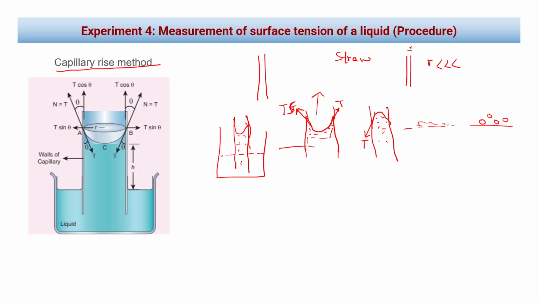Actually the angle is taken. So this is called concave, this is called convex, and this is the angle here. Anyways, let's not confuse here.